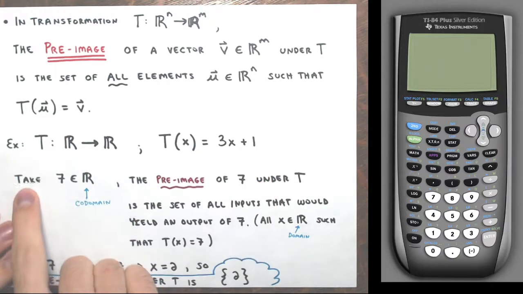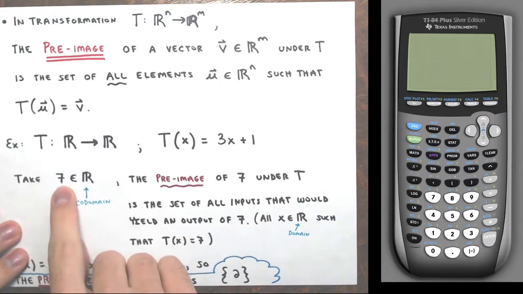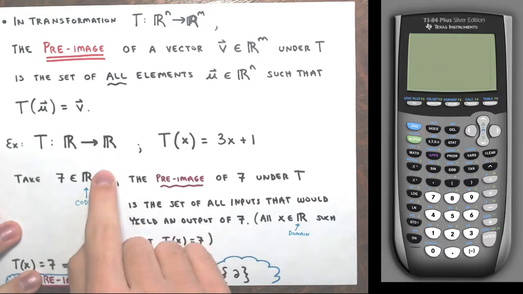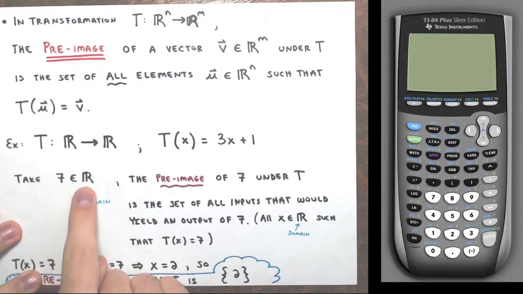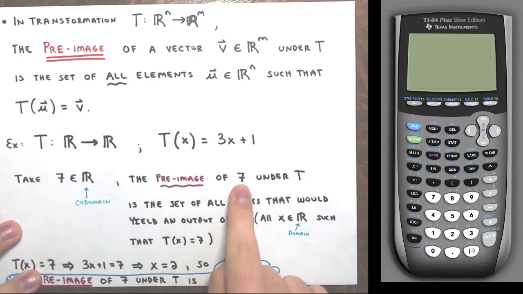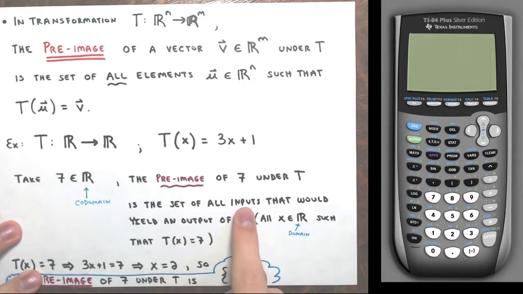So let's suppose we take a value from the codomain, a possible output. Take 7 from R. That's a real number, and this is the codomain R, this set. Take 7 from the codomain. The pre-image of 7 under T is the set of all inputs that would yield an output of 7.